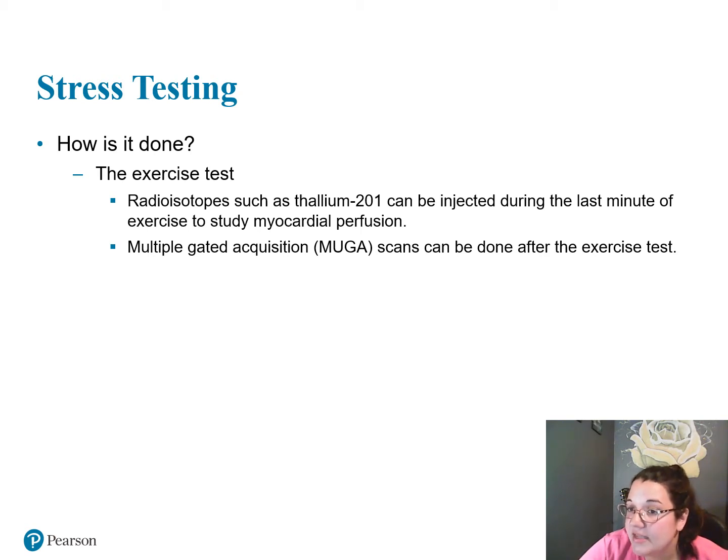Multiple gated acquisition scans, MUGA, again another quiz and test question, can be done after the exercise test. So when do you inject thallium? In the last minute of exercise. What is MUGA? That is a multiple gated acquisition scan that can be done after the exercise test.